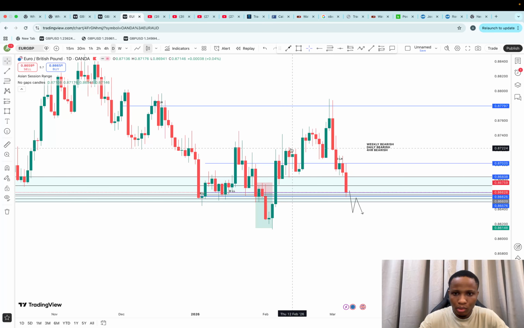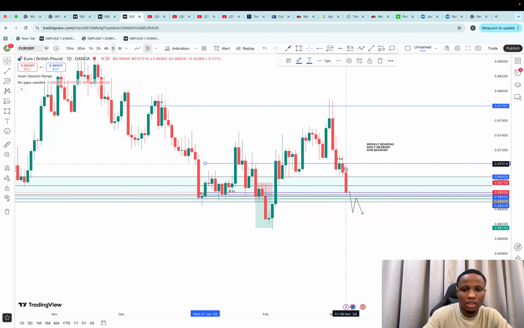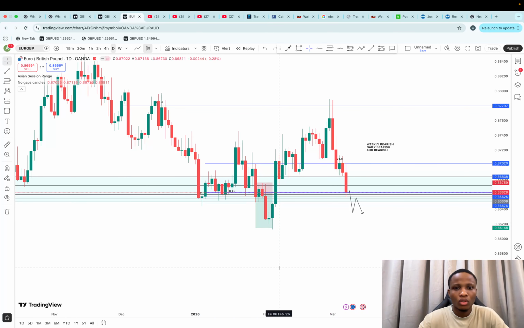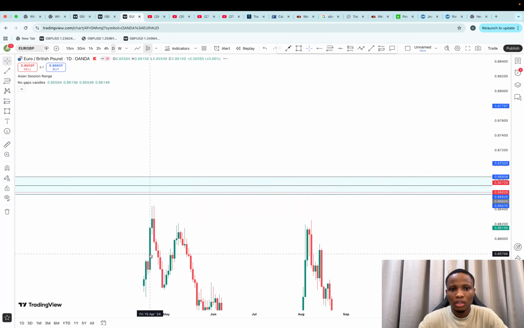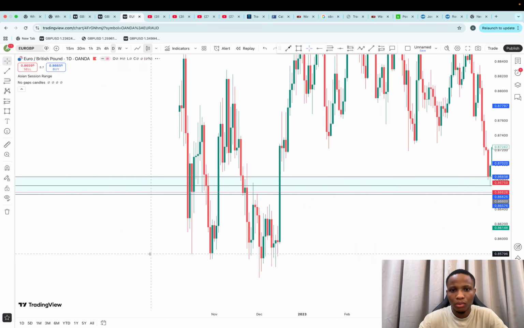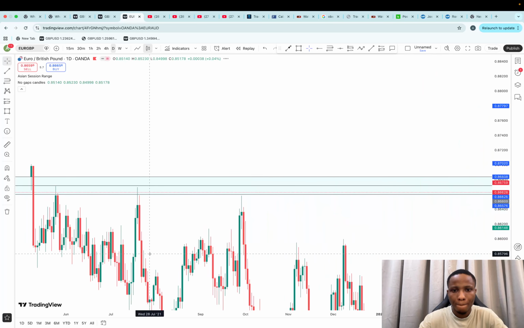Closing above this high, now higher high, higher low. Remember the curve we spoke about. Higher high, higher low, higher high, higher low. Now we are lower low, lower high on the daily. So on the daily, we are at a very clean support and resistance zone.